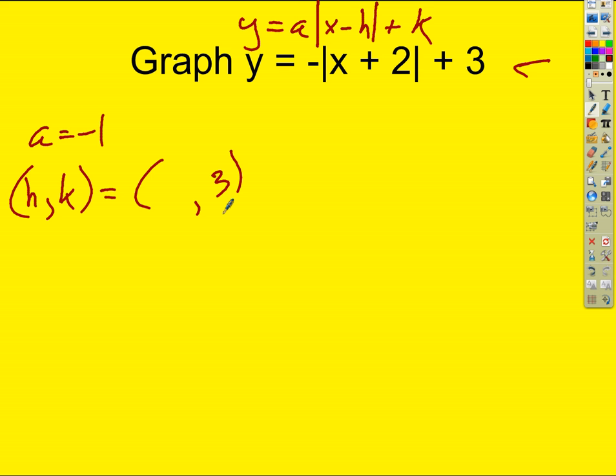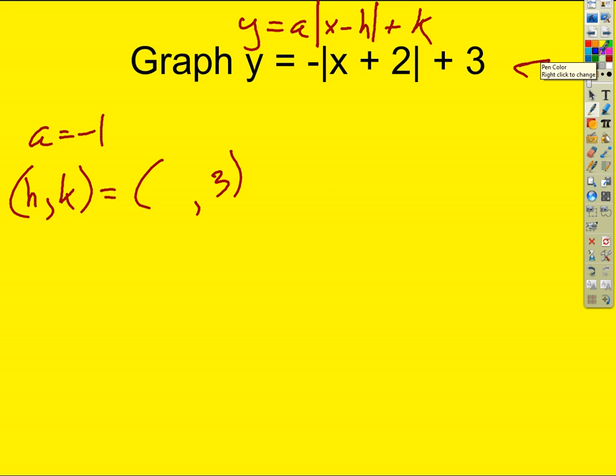Good, because h is the number that's being subtracted from x, right? And so x plus 2 is equivalent to x minus what? Minus a negative, right? If you subtract a negative, it's the same as adding. Agreed? That's the tricky one. Once you know the trick, though, it's not a big deal. You just have to remember it.